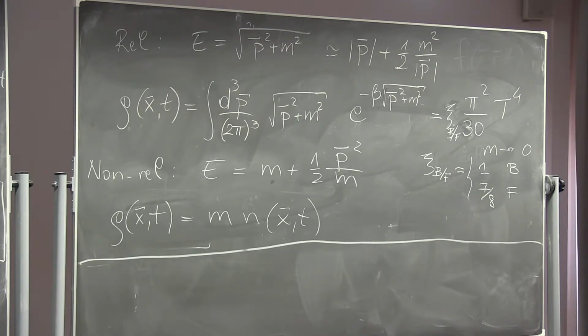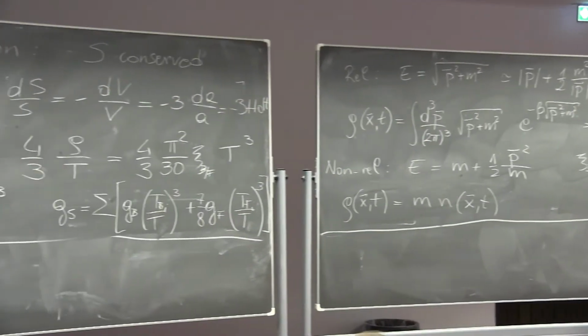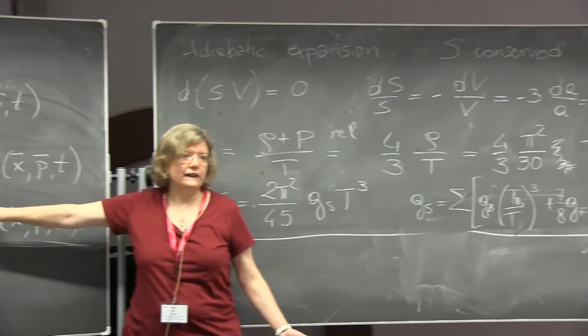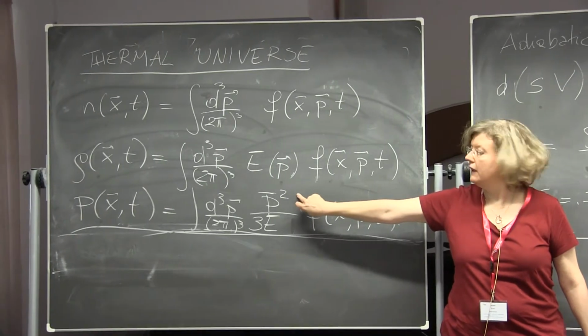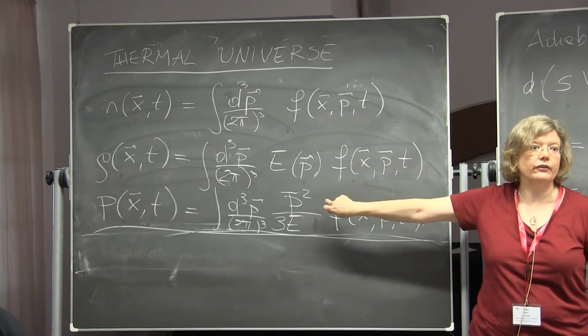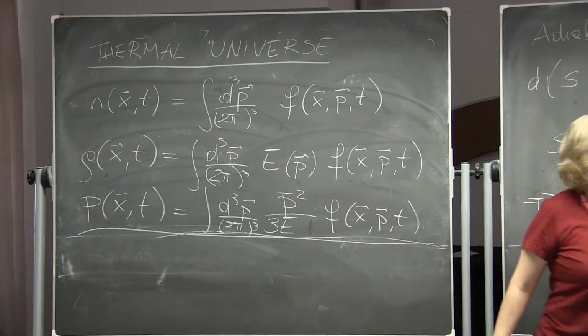Now, let me come to the pressure. Of course, in the pressure you see immediately what happens with p squared. If you are again in the relativistic regime, E and p are practically the same. So what you get out is nothing else than the modulus of p divided by 3. But the modulus of p is also the energy.